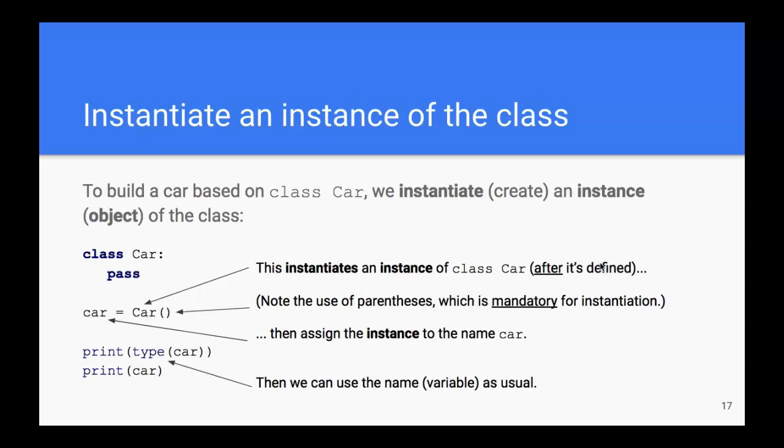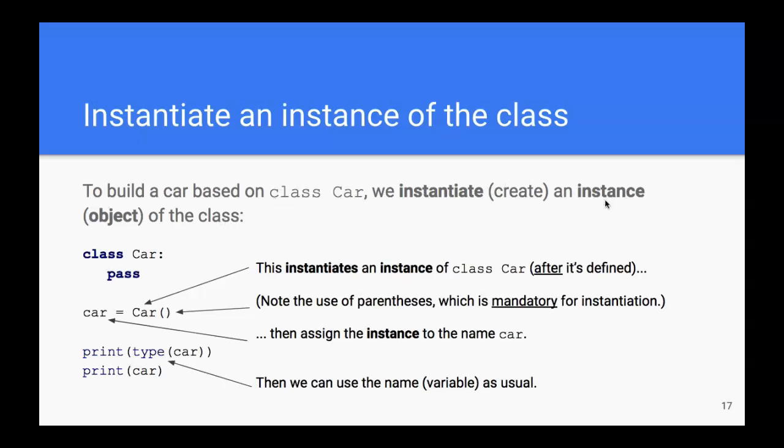We cannot instantiate an instance of this class if the class is not defined. Now, I use the word instantiate. Instantiate literally just means create. We create an instance based off the blueprint for Car.